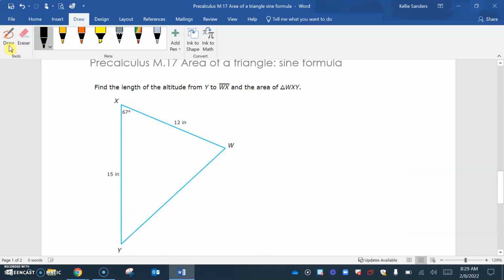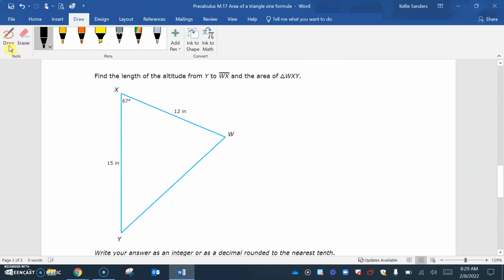Okay, 2 more problems. So now we have find the length of the altitude from Y to WX. So what that is saying is it wants that length right there.